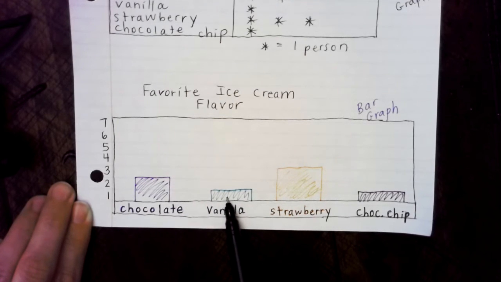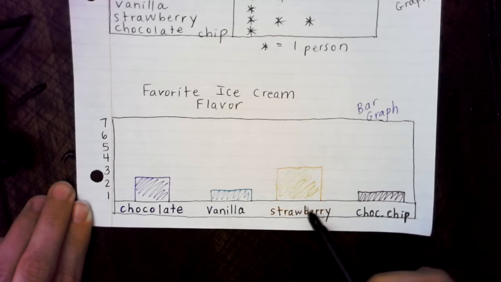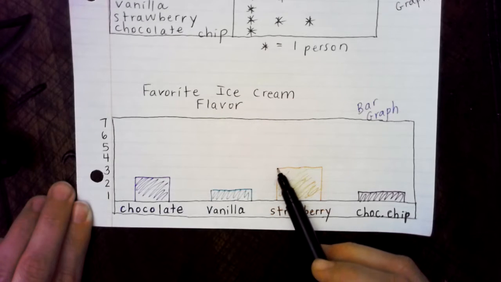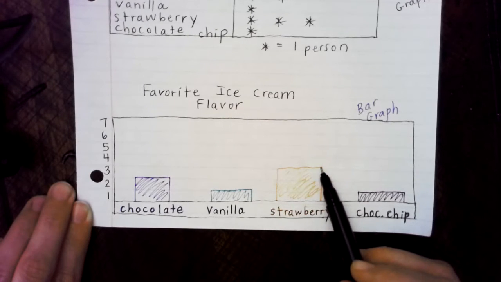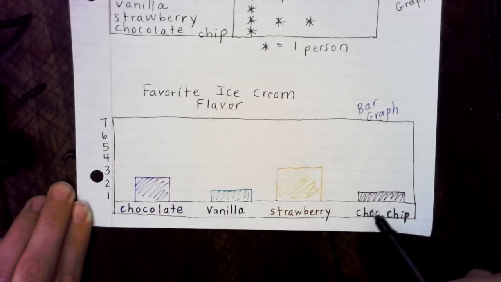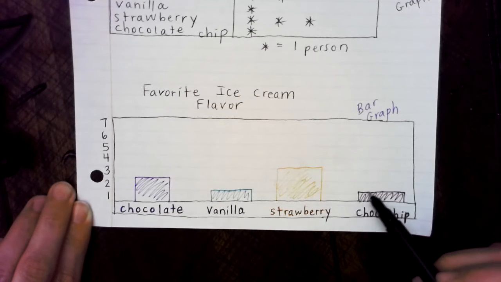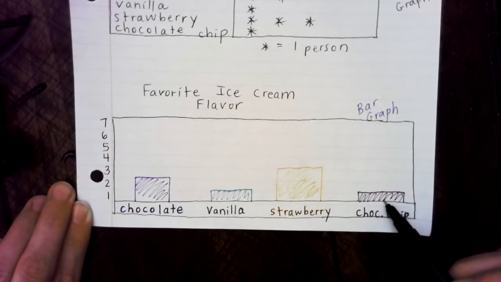So I did 1 bar for that person. That was sister. And then mom, uncle, and grandma all voted for strawberry. So how many people's that? 3. So I did my bar graph up to the number 3 and shaded it in. And then 1 person voted for chocolate chip, my aunt. So I shaded in that 1.